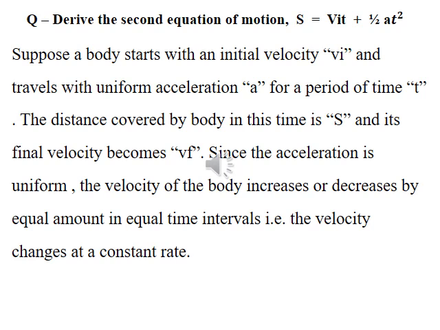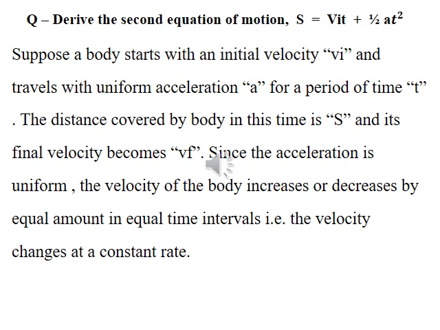Now we are going to derive our second equation of motion: S equal to Vit plus 1 upon 2 At square. In this statement, you see, suppose a body starts with an initial velocity Vi and travels with uniform acceleration A for a period of time t.